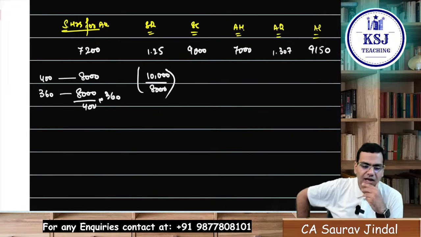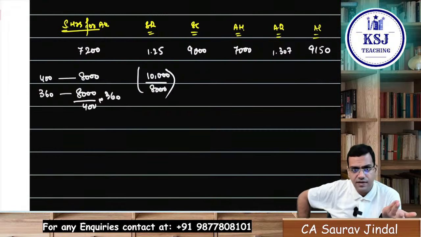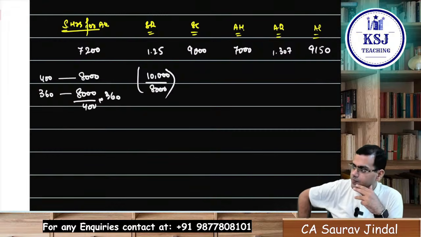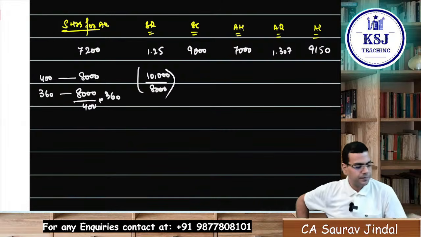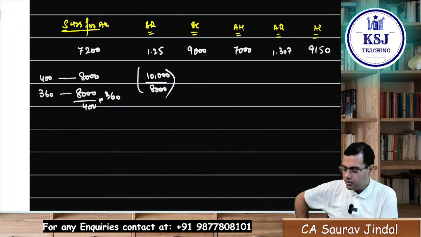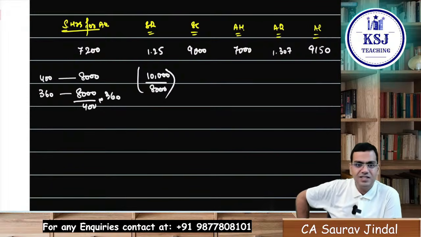Any variance you can calculate. Variable overhead cost variance, efficiency variance, and the rate variance. Any doubts in question number 11 now? Any doubts in this? We are done with question number 11 also. Easy questions coming up, isn't it? Really easy questions, sir.